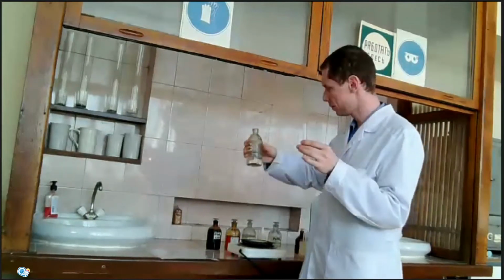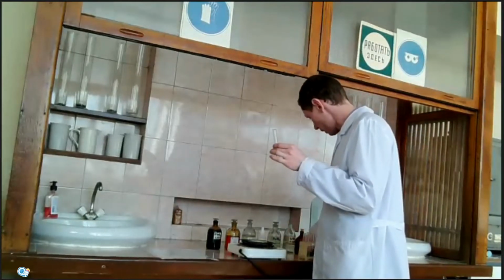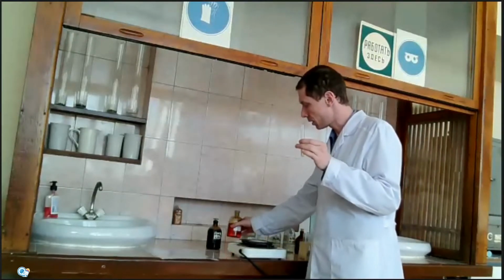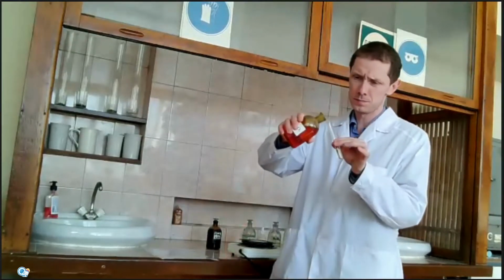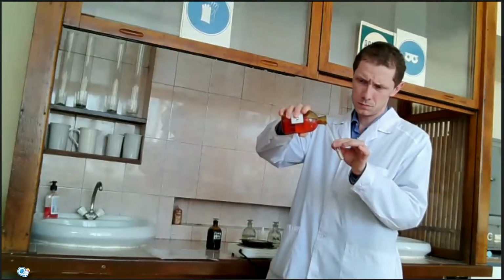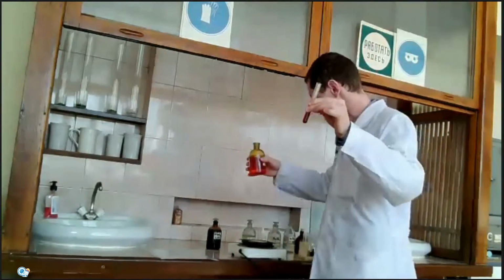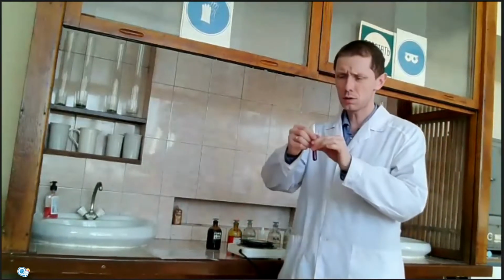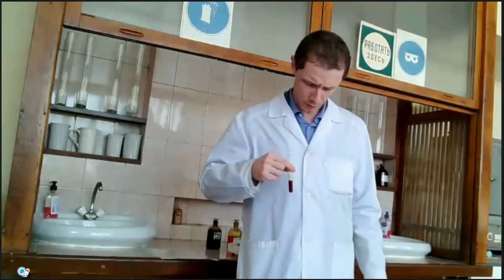Sulfuric acid as a condition and potassium bichromate solution. Also, you can see red color, also because of formation of molecular iodine.